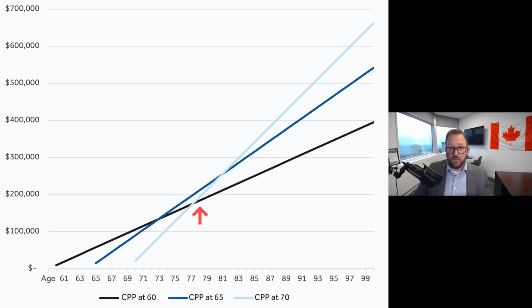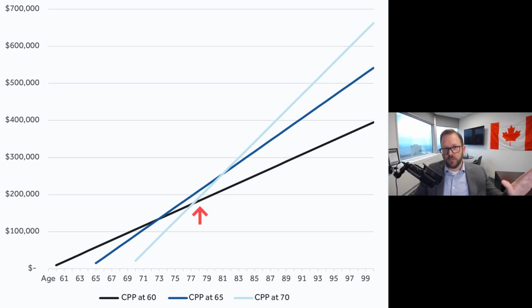So what this means in dollar terms is if you start your CPP at age 60 and you qualify for 88% of the maximum in this case, your annual income from CPP will be $96.36 per year. Again, going up with inflation for the rest of your life, but that's it. Had you waited till age 70, that income would be over $21,000 per year.